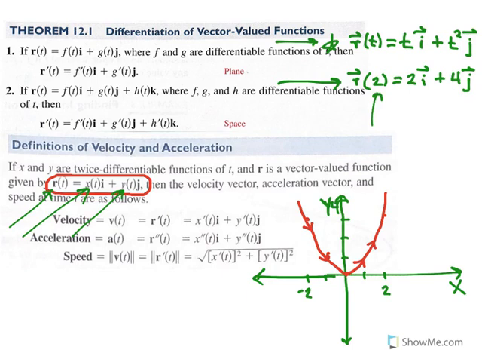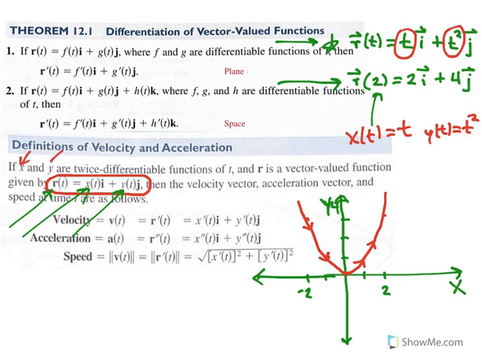So what is this definition telling us? It's summarizing the concepts that we've been discussing, and it's telling us that if x and y are twice differentiable functions of t, and what do x and y refer to? They refer to the component functions. So in my example here, I would have x of t equal to t, giving us the x coordinates of the object's position at different times t, and y of t equal to t squared, giving us the y coordinates of the object's position at different times t.